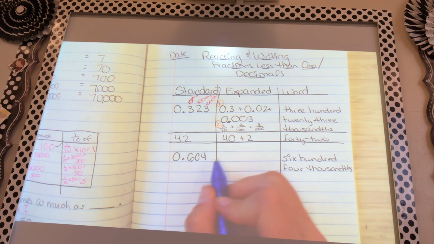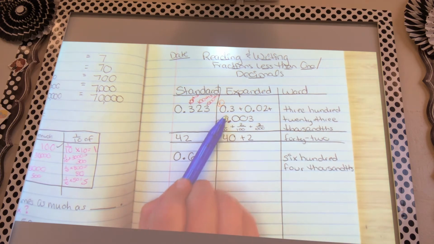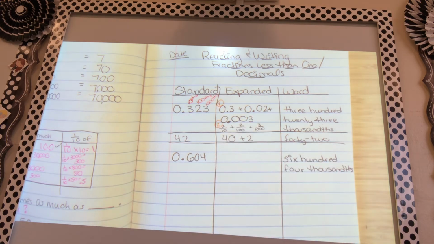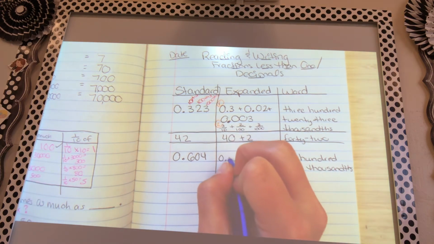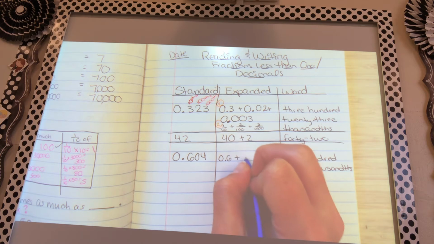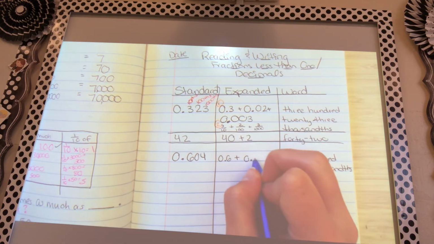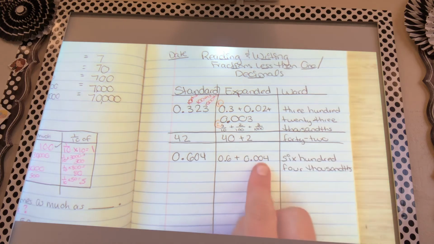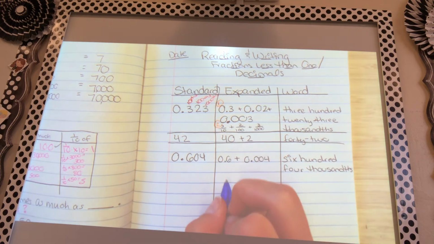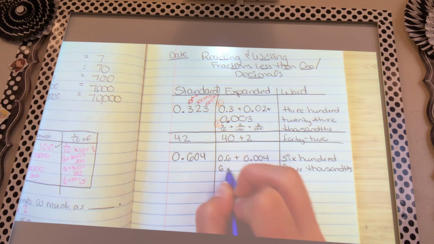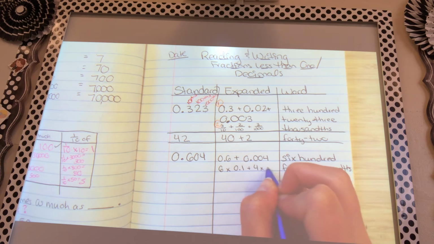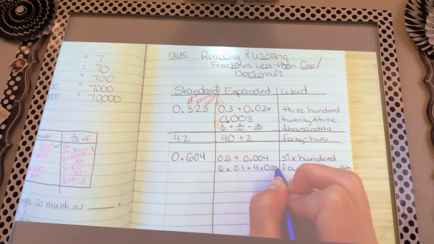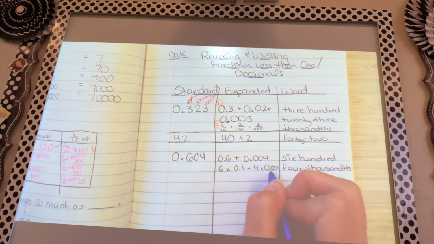So now, if I write an expanded form, I can write it this way or this way, but I can also separate the digit from the place value. So first I'll do it this way, 6/10 plus, I have 0 hundredths, so I put my 4 thousandths is next. I can write it this way, or I could write 6 times 1/10 plus 4 times 1/1000. That's another way.